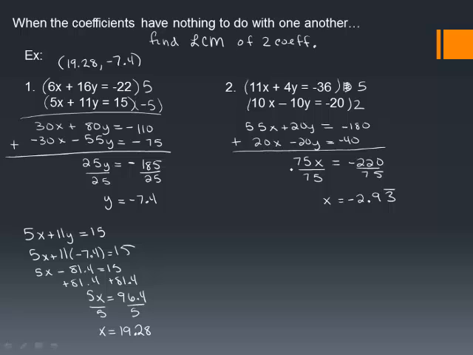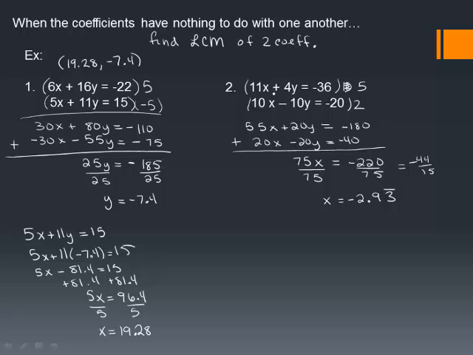So we'll just call it -2.93. If we were going to use a fractional answer, these would both divide by 5, which would give me -44 over 15. And I can use that as an answer as well.